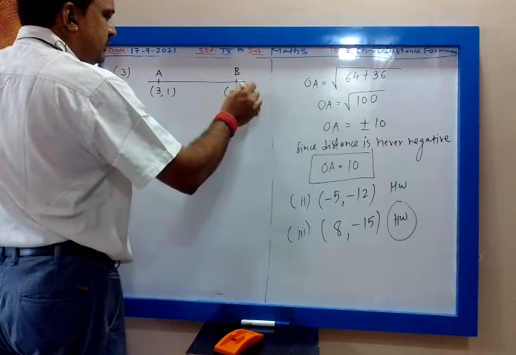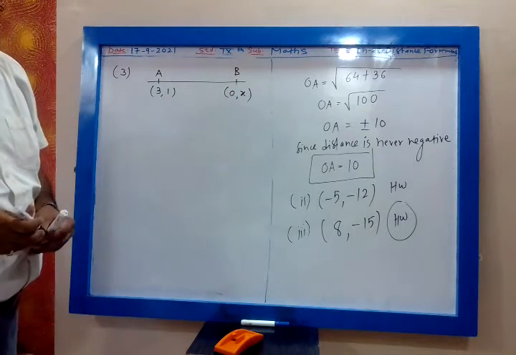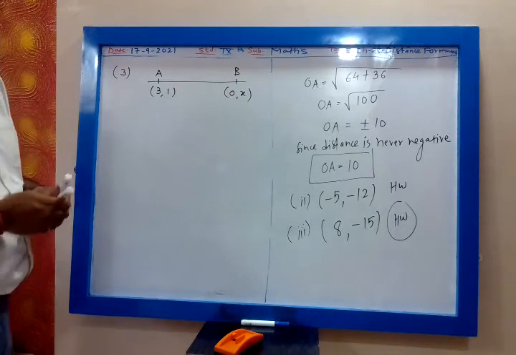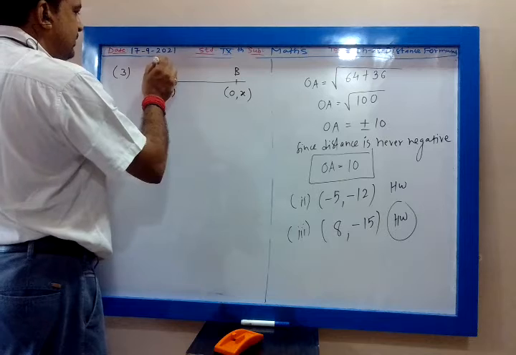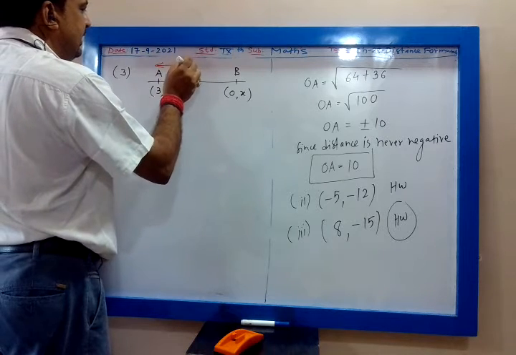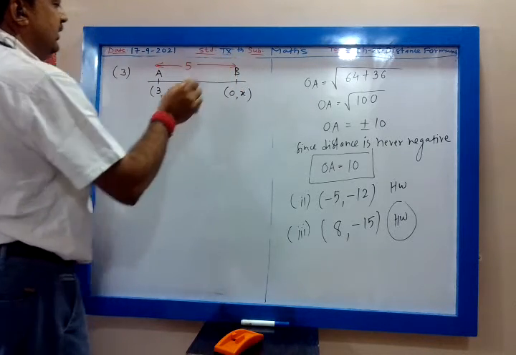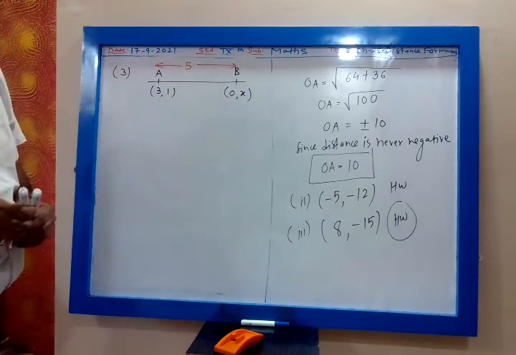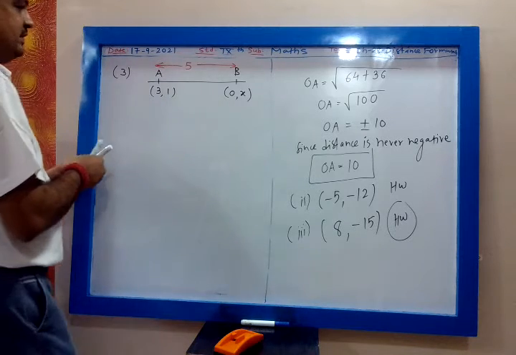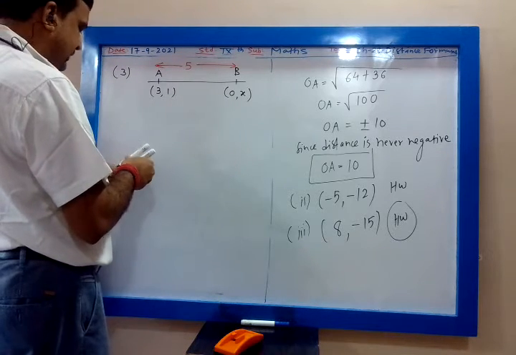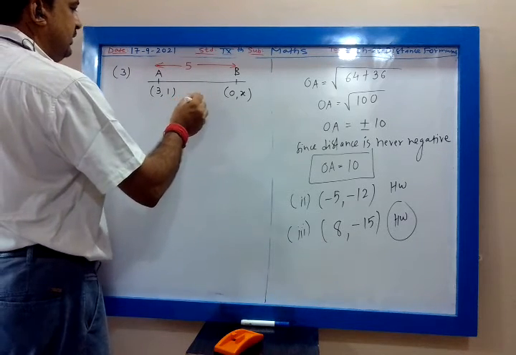The distance between these 2 points AB is 5. This x we have to find.